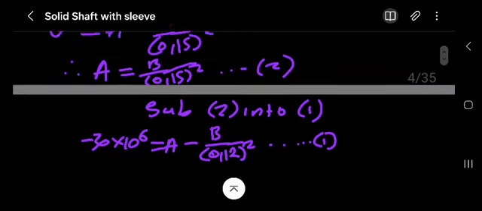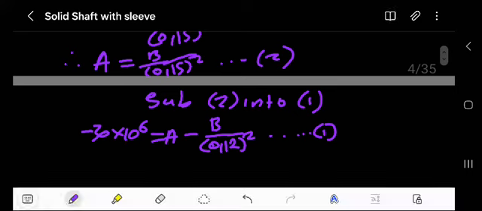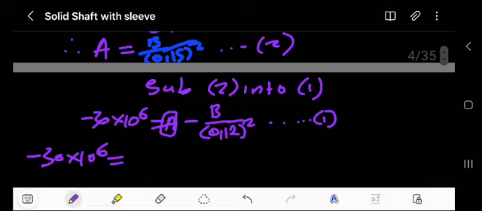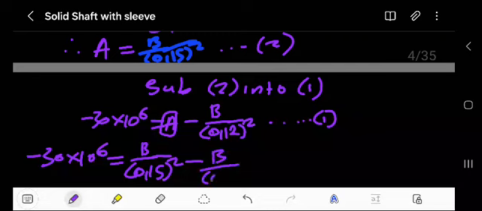Where we see a, we'll replace this a with this whole thing. As you can see, that is equal to a. So we'll have minus 30 times 10 power 6 is equal to b over 0.15 squared minus b into 0.12 squared.